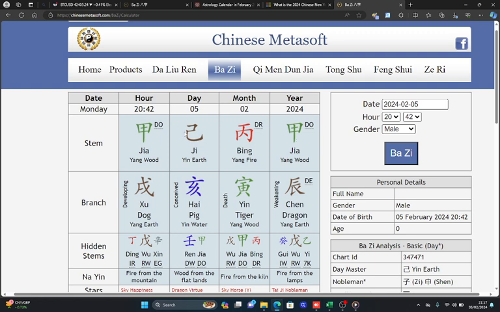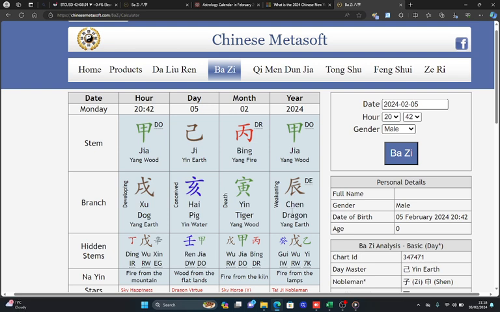Now it depends on the gender here. If it's yin, it means female, and if it's yang, it means male. So on this particular occasion we've got a yin Earth. Yin Earth is kind of more compatible with these males here. We have two males.